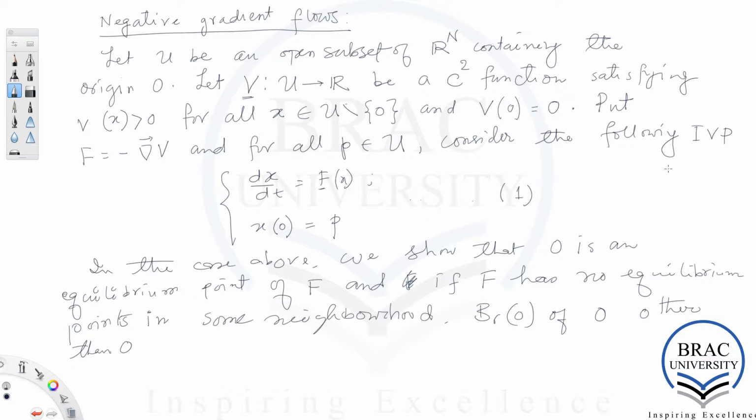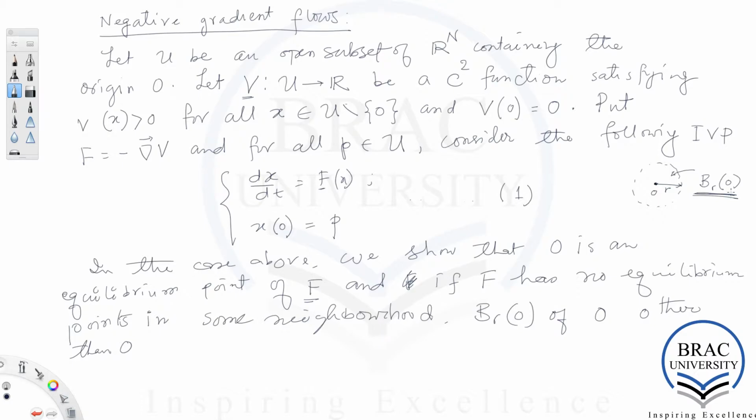So let me draw a picture for you. This is the origin 0, and say this is the interior, B_R(0), so that this radius is R. We are first going to show that 0 is an equilibrium point of this function f, and we also assume that there is no other equilibrium point of f in the interior of this ball or in this ball.